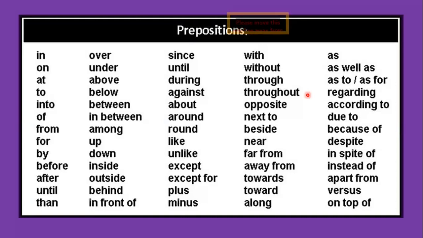Basically the meaning is except or instead of this. Is it clear? Apart from is used, as I told you, for exception. Apart from this one, everything is good. So apart from is except from this one. Any other questions? Okay, let's move on.